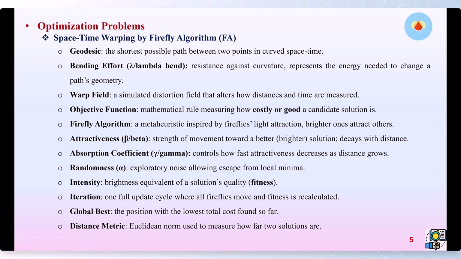Absorption coefficient, or gamma, is another parameter of this algorithm, which controls how fast attractiveness decreases as distance grows. Randomness, or alpha, is exploratory noise allowing escape from local minima. Intensity, or brightness, is the equivalent of solution quality, which is the fitness. Global best is the best position with the lowest total cost found so far. Distance metric is the Euclidean norm used to measure how far two solutions are.